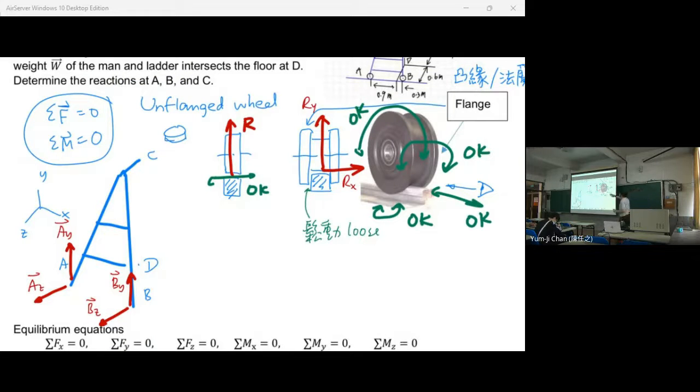Of course these two flange wheels are in this direction, but this wheel is not in this direction. So the reaction from point C is going in this direction.